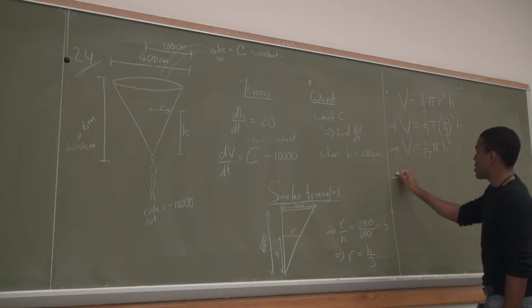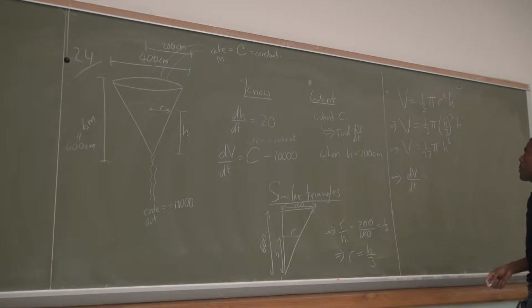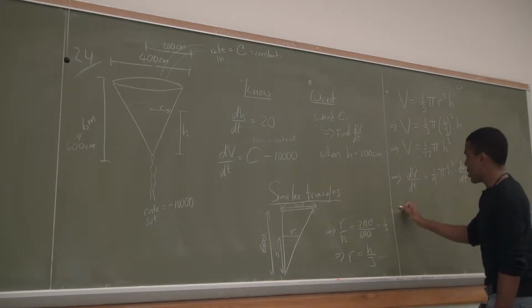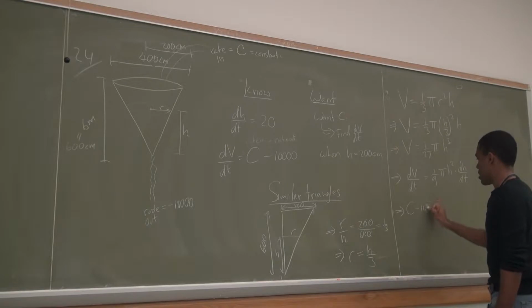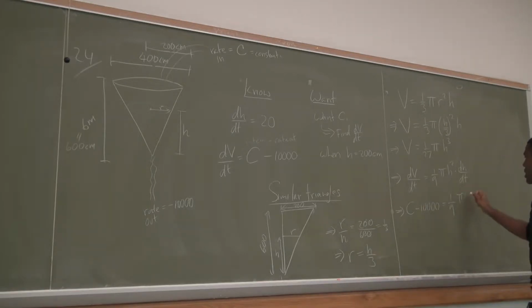All right, now we can differentiate. What's that going to be? 1 over 9 pi h squared dh dt. Now we plug in: C minus 10,000 equals 1 over 9 pi times 200 squared times dh, which is 20.